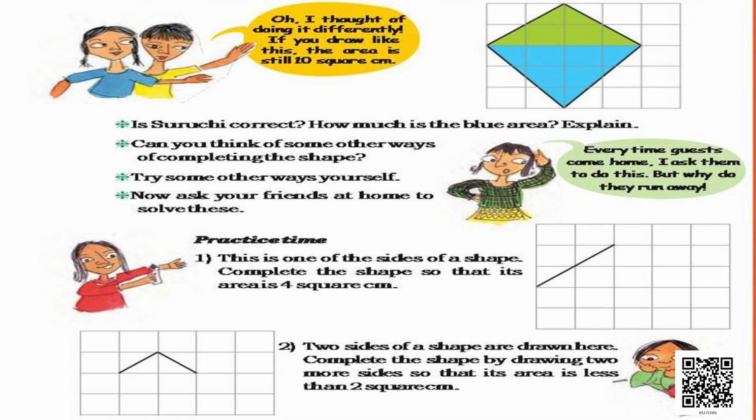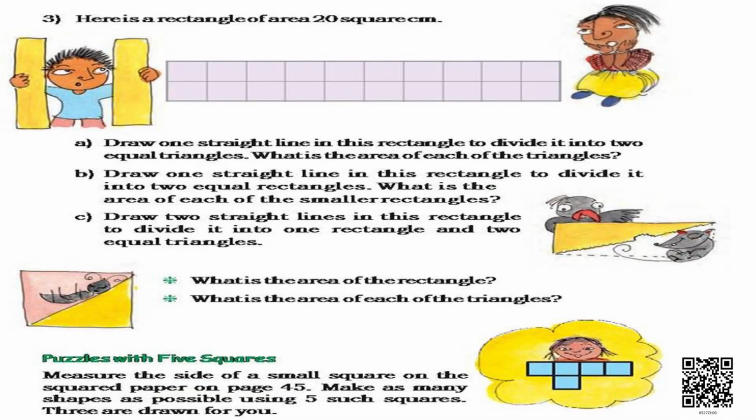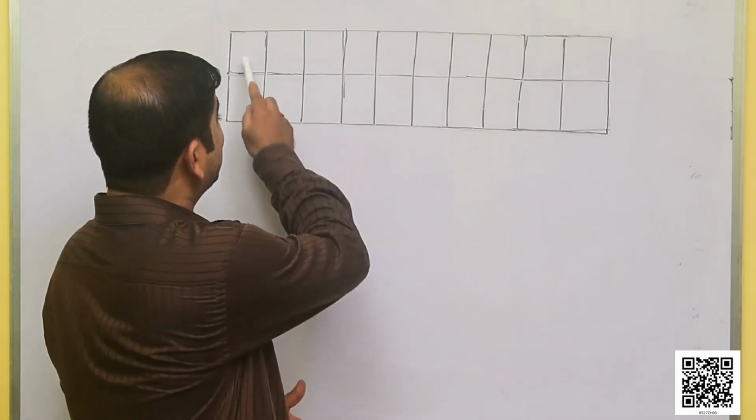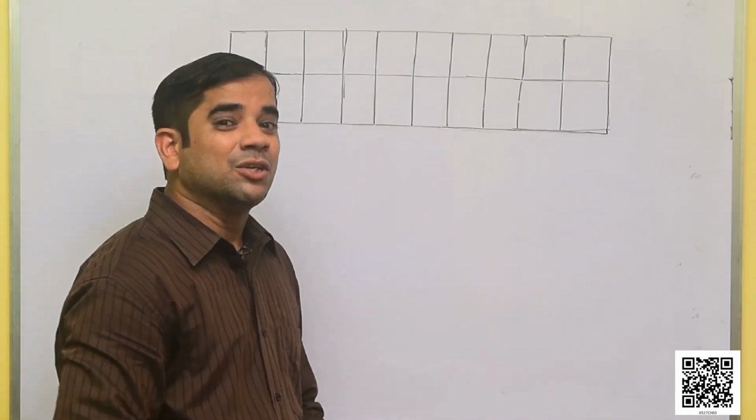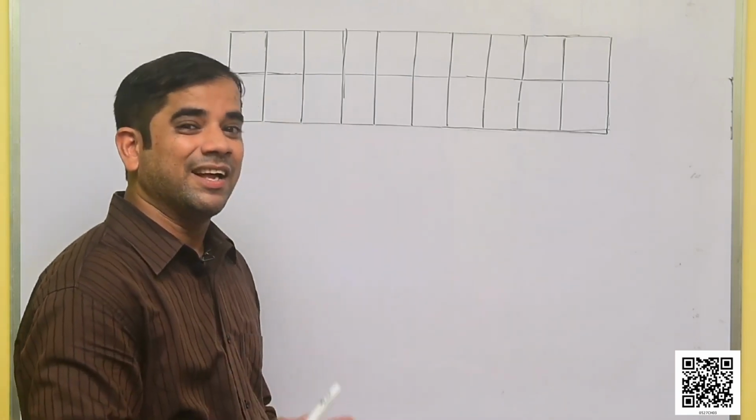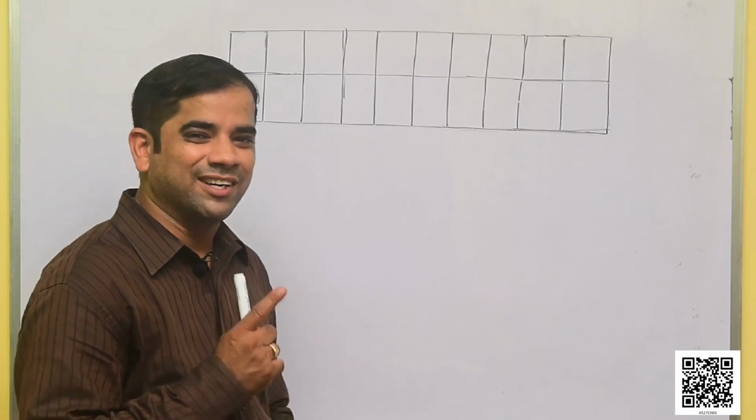Students, we have a third task and we are going to do it together. As you can see on the board, we have a rectangle having 20 small squares. So can you see what should be the area of this rectangle? Exactly, you got it right.